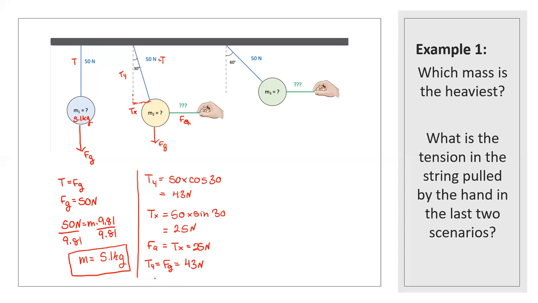Now we can find our mass. So 43 is equal to mass times 9.81. So our mass is equal to 43 divided by 9.81, which gives us 4.4 kgs.